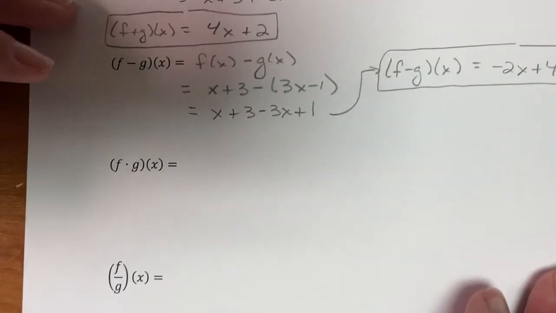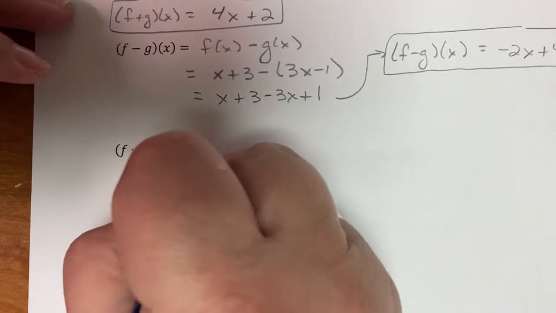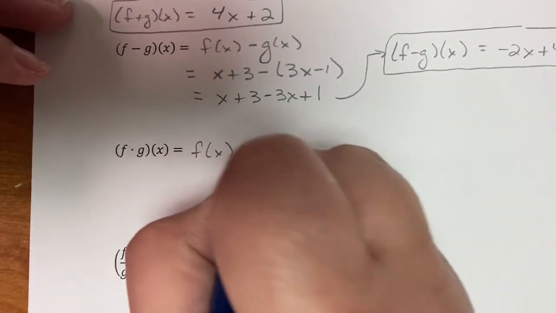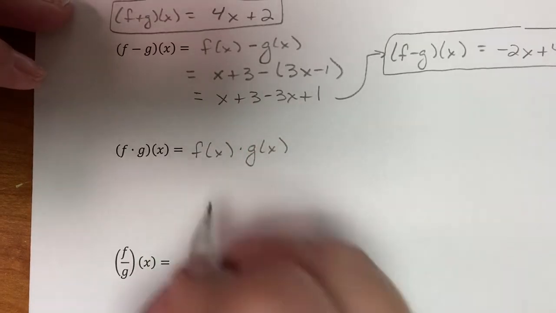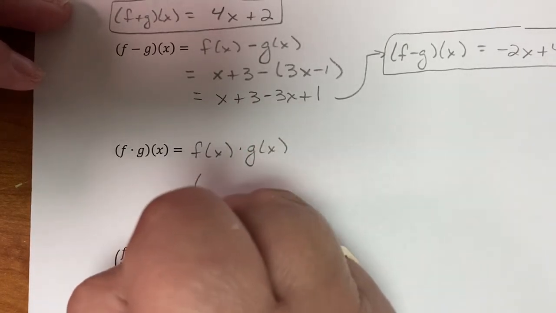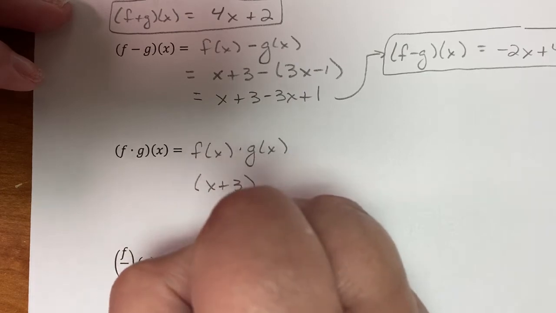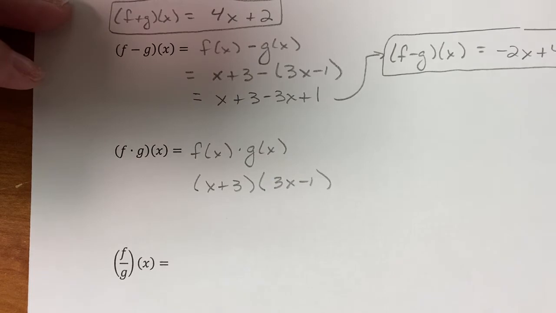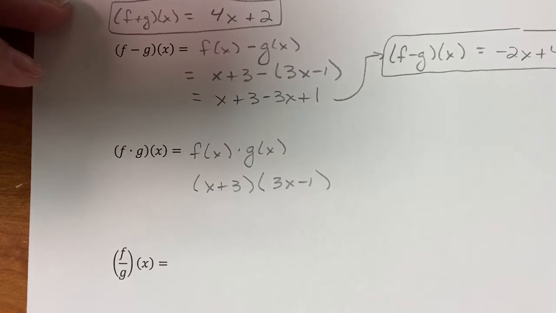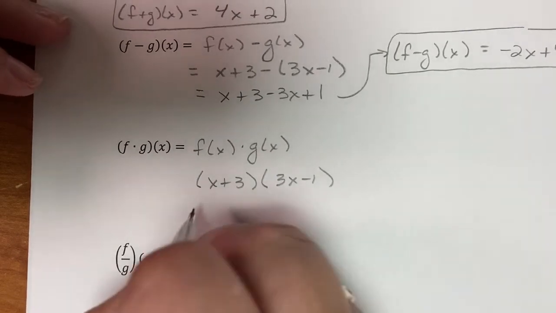Let's go ahead and find their product, or multiply them. So again, that means I'm just going to take my f function and multiply it by my g function. So my f function is x plus 3, and I'm going to multiply that by my g, 3x minus 1. Well, look at that. How do you think you multiply those? You're going to FOIL.